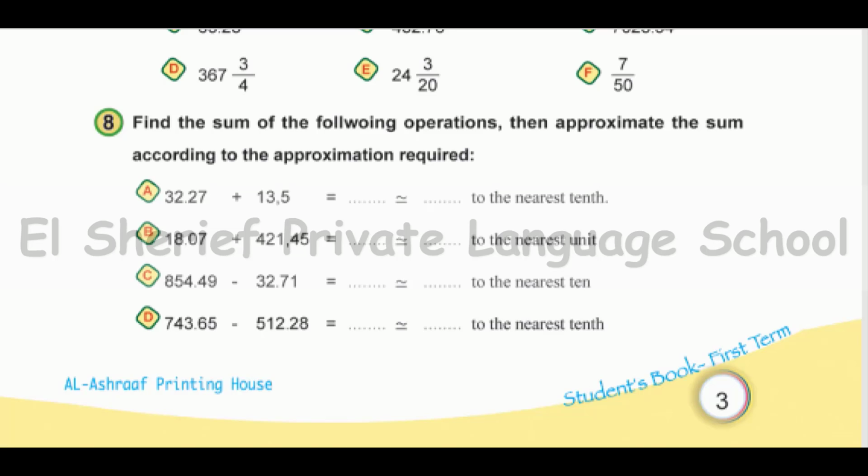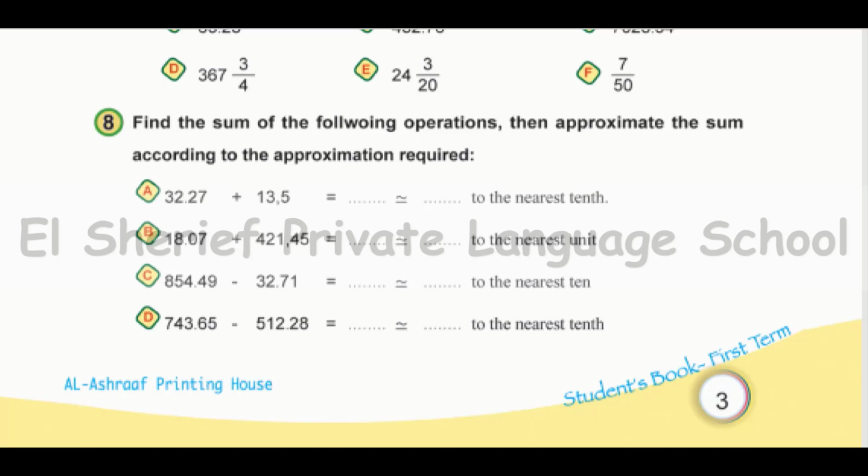Lesson number, question number 8. Find the sum of the following operation, then approximate the sum according to the approximation required. Here we add decimals, so we remember we must have the same number of decimal digits.